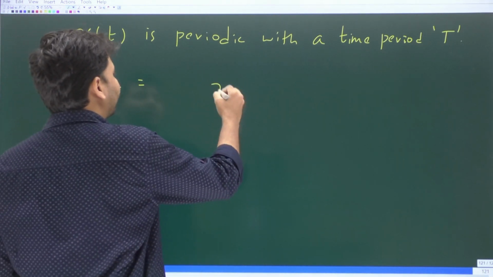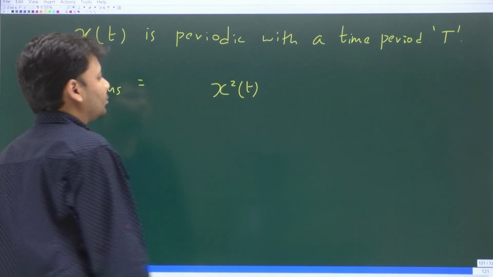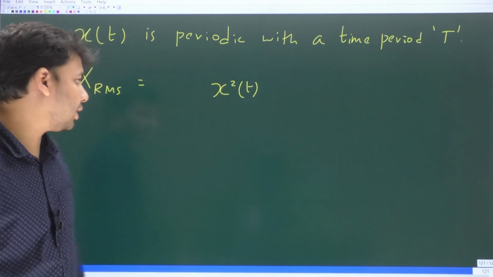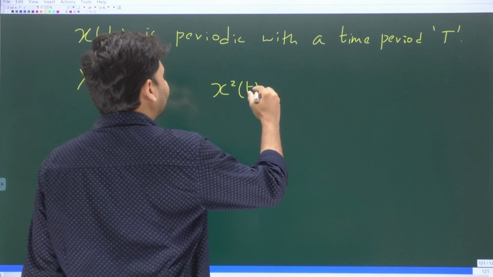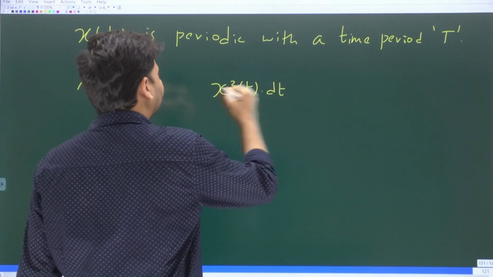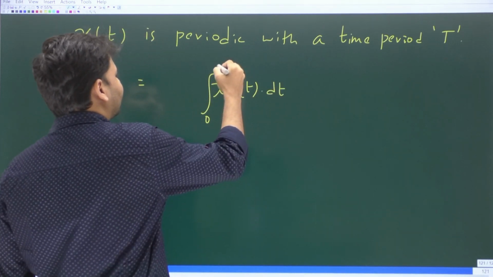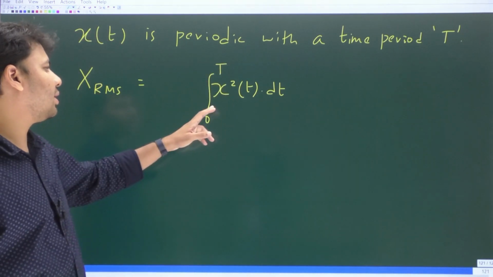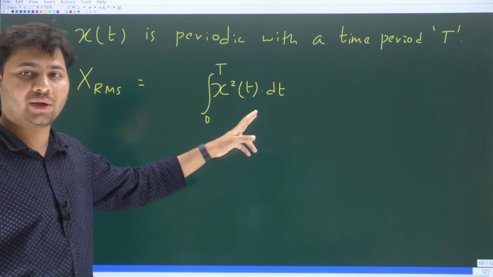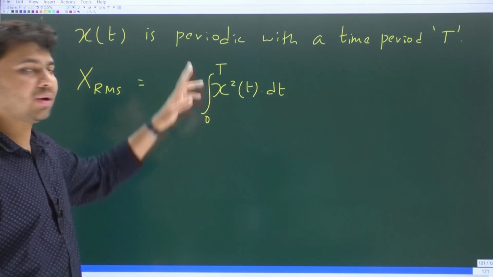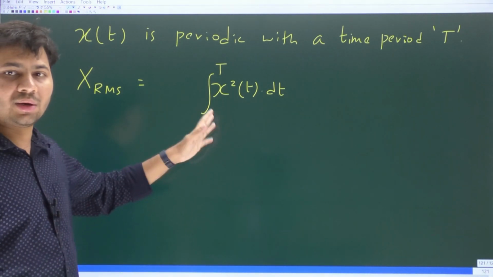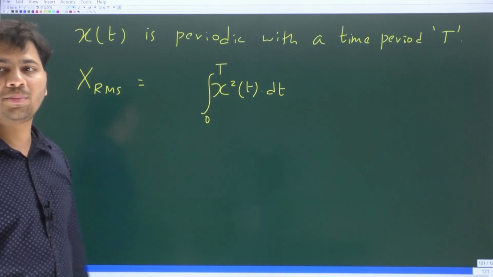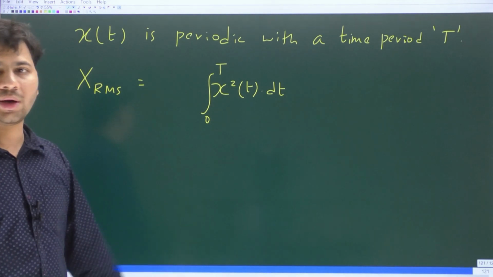So first you have to square the signal. Then you have to compute the mean square value of this signal. To compute the mean square, you integrate the square of the signal over one time period, or one cycle. We are integrating x squared of t with respect to time from 0 to T. This is not yet the mean square. When you divide this by the time period, capital T, then you will get the mean square.